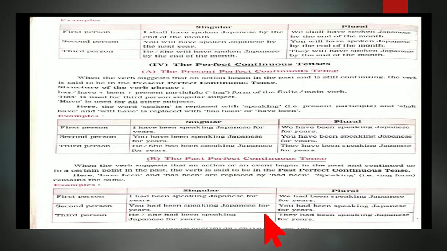Now how is the structure of the verb phrase? Had plus the past participle, the en or ed form of the finite or main verb. That means here have and has are replaced by the word had.